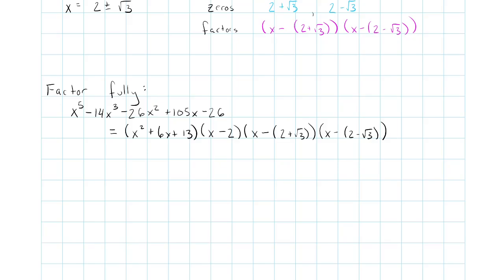And so this was given. This was a rational root that we found through trial and error. And then these two we found by completing the square.